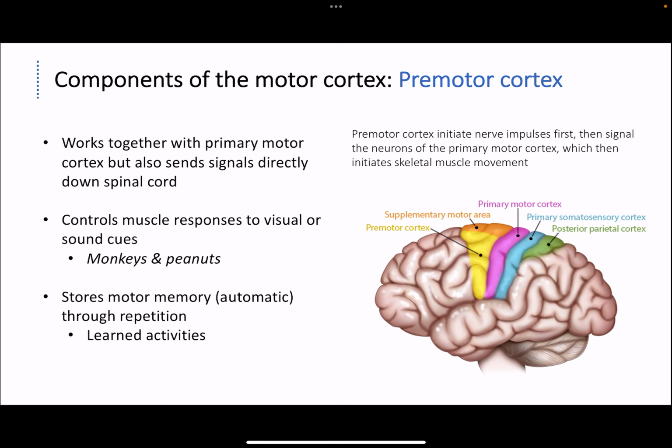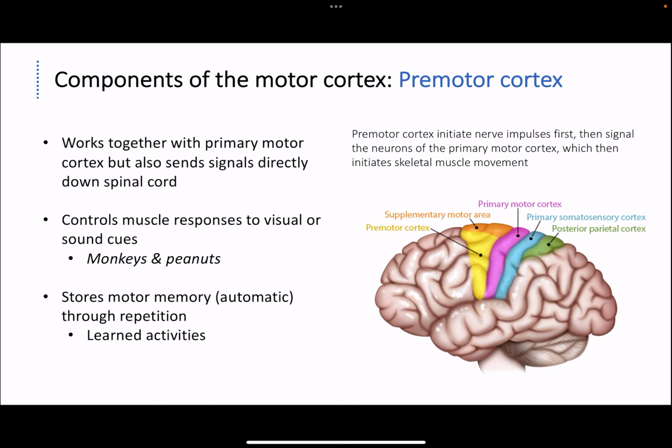So far we have monkeys cracking nuts, you get a spike in electrical activity in a certain region. You have humans cracking the nuts, you get a spike in electrical activity in the same region. And then third, they played a sound of a nut being cracked, and same thing. You get a spike in electrical activity in a specific region of the brain, same as the previous two, right?